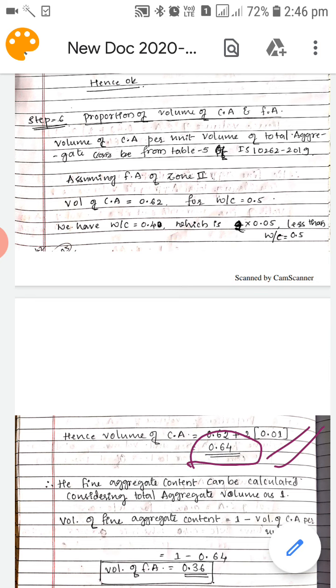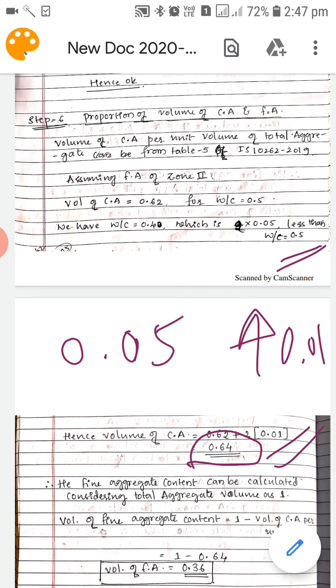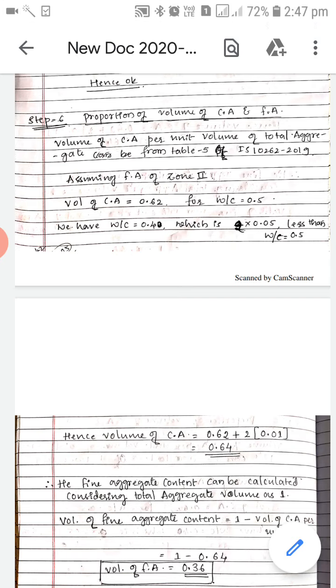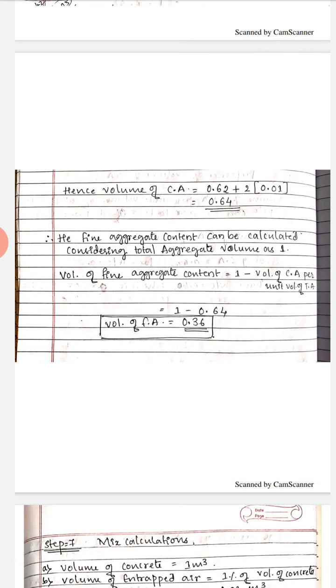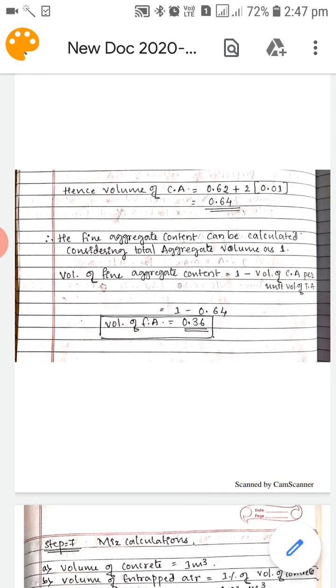So for every decrease in the water cement ratio below 0.5 by 0.05, we have to increase the volume by 0.01. Then the volume of the fine aggregate will be equal to 1 minus the volume of coarse aggregate per unit volume of total aggregate, because we have considered the total aggregate content to be 1.